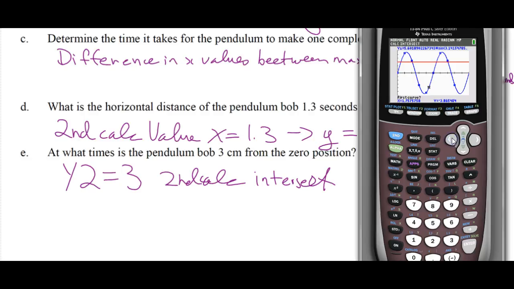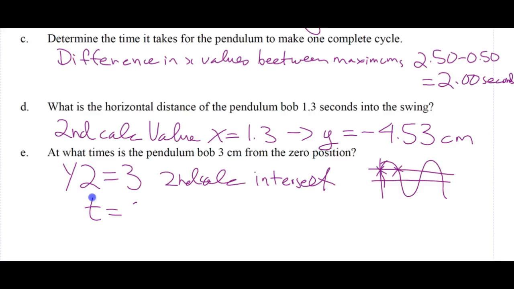I don't want to go all the way there, so I'm just going to jump up to the red line because it's easier to move along a straight line, so it's a shorter distance. Get the intersection, hit enter 3 times. 1, 2, 3. 0.18 seconds. So t is equal to 0.18 plus 2.00 n.